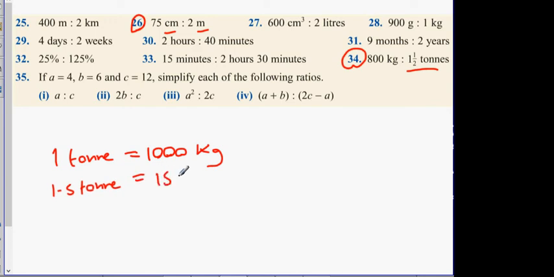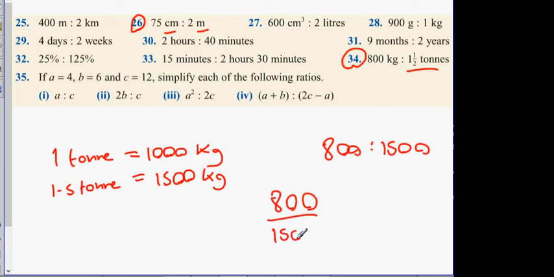You multiply by 1.5. So it's going to be 800 to 1,500, the same thing as 800 divided by 1,500. Cancel. Any number that will divide into 8 and 15 at the same time? No? Okay, so the answer is 8 is to 15.